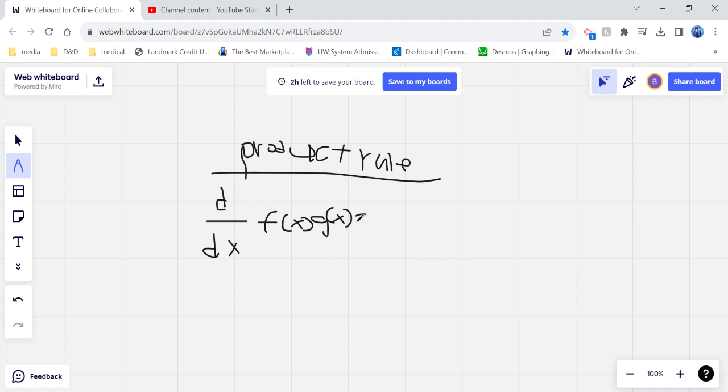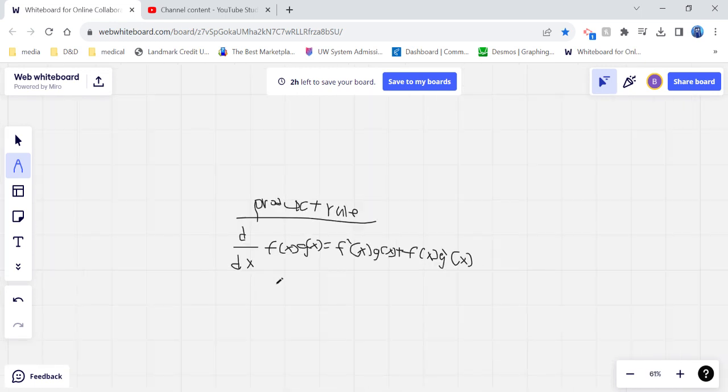And we know that this is equal to f prime of x times g of x plus f of x times g prime of x. So that can be a little confusing. And like, what is f of x and g of x?